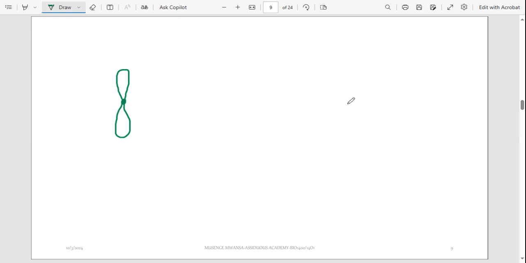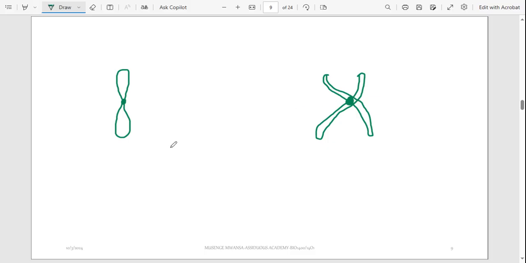I can just make it simple. So we can have a structure like this. Okay, so here is our structure. So we are saying that we have got 23 pairs of chromosomes. That is the first basis of how we can classify chromosomes.